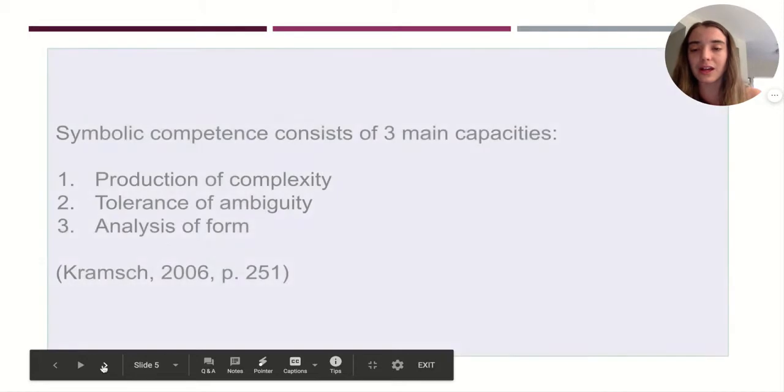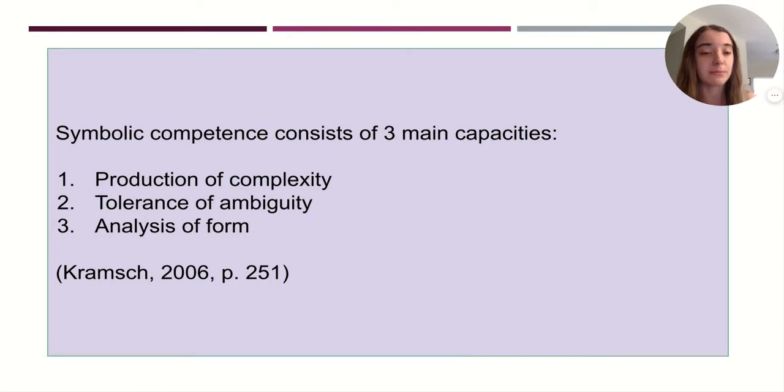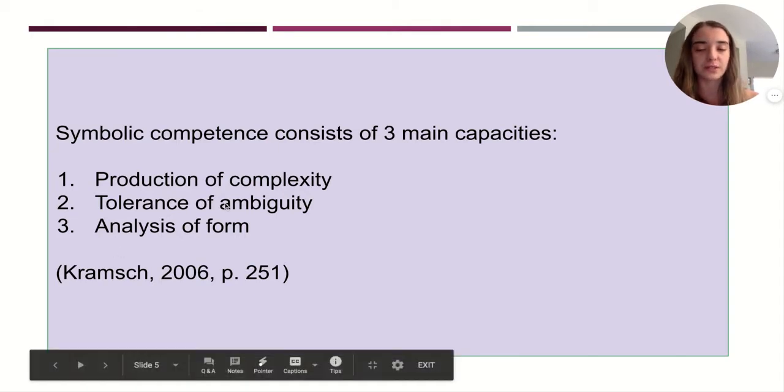So that was a lot of theory. And it can sometimes be hard to conceptualize in practice, but Kramsch breaks symbolic competence down into three main capacities that she says make up symbolic competence. The first is production of complexity.